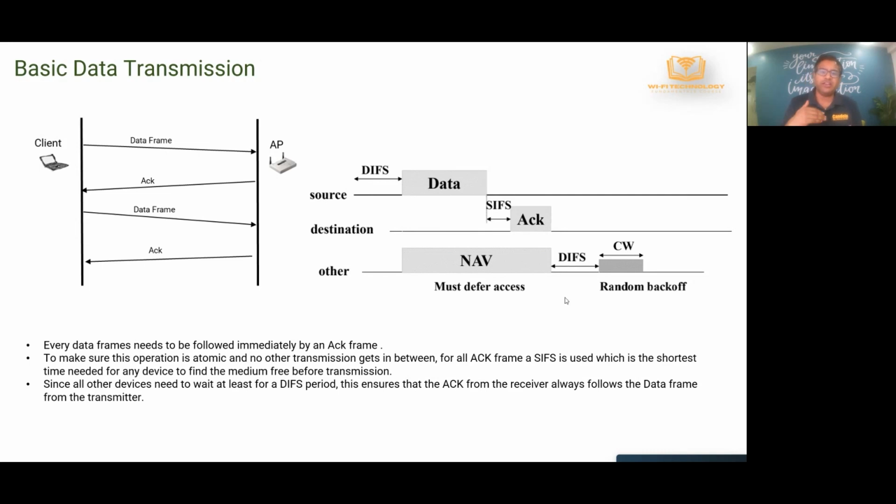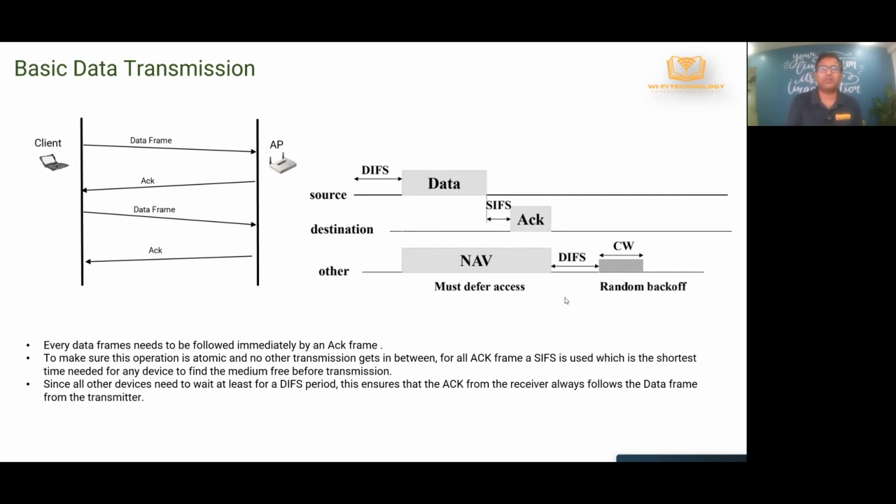So anytime you have a high priority frame, let's say you want to send an RTS frame or a CTS frame or a beacon frame at regular intervals, and that is a higher priority frame, then those frames have to wait for shorter interframe spaces and not longer ones, right? So that way they get preferential access to the medium. And there are multiple people accessing the medium at the same time.